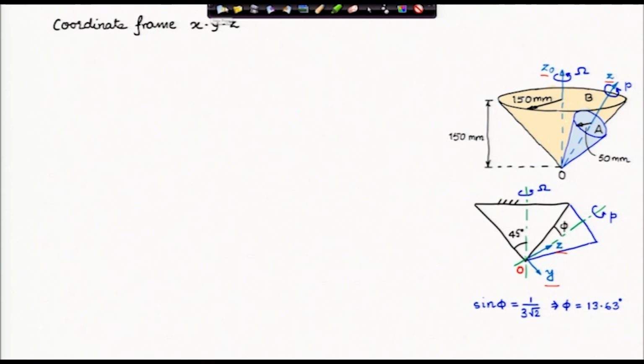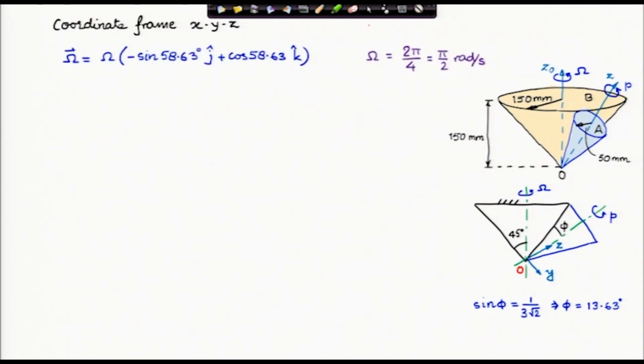You can use geometry to find out various angles. This angle phi can be determined from the geometry that is specified. Now, we are going to express all the vectors. Omega is the precessional angular velocity.